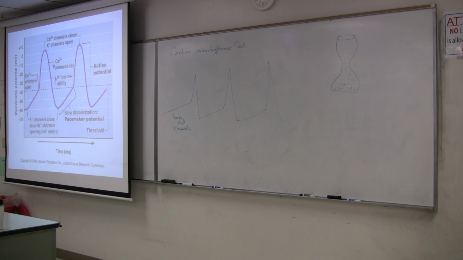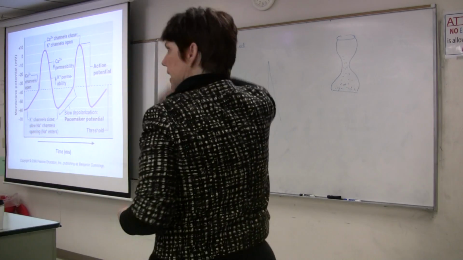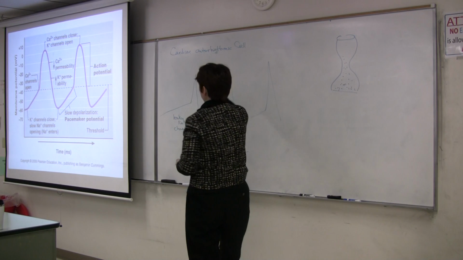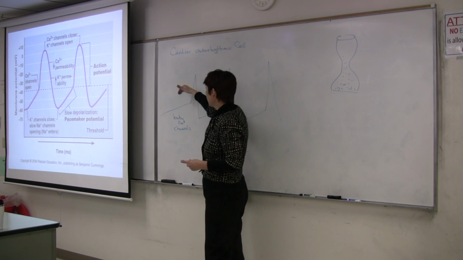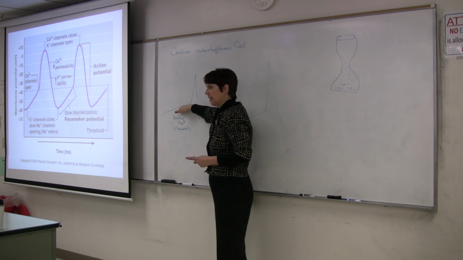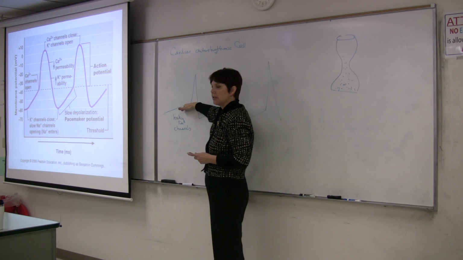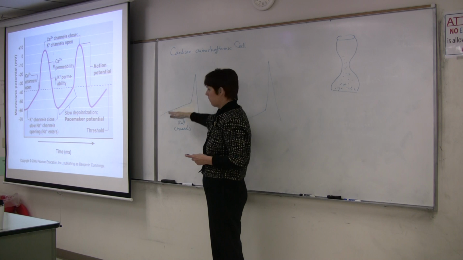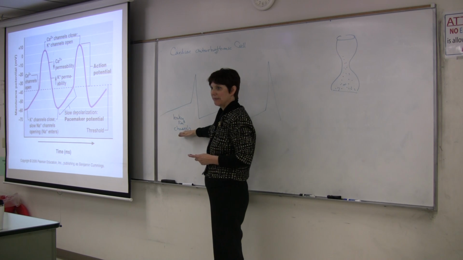Okay, so as you visualize those sand granules flowing down to the bottom of the minute timer or the hourglass, visualize the sodium diffusing into the autorhythmic cell. And every sodium ion passing through a leaky channel is going to cause this positive current to increase, purely by leaky sodium ions.